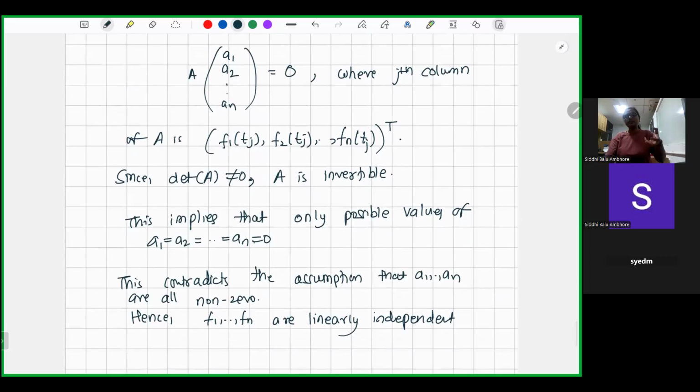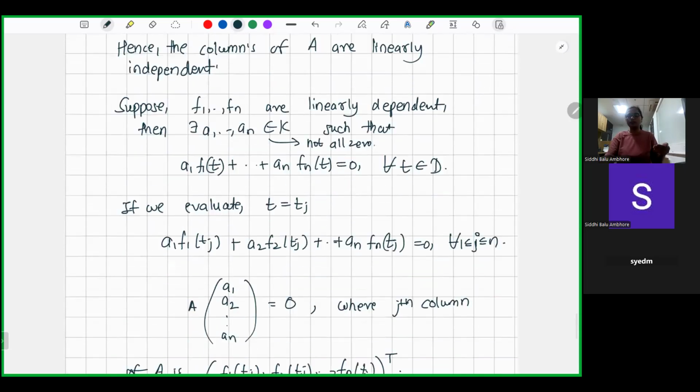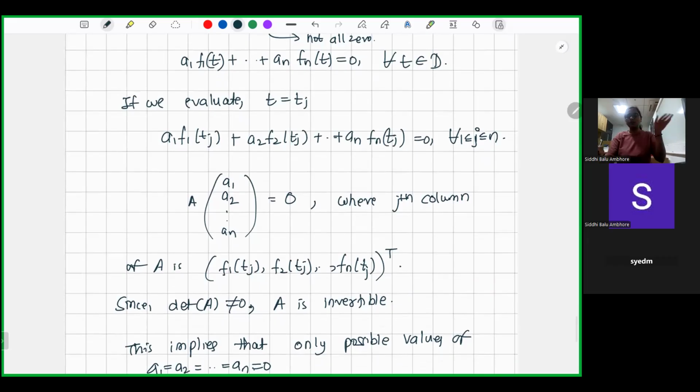Understand that when we say the determinant of A is non-zero, both rows and columns are linearly independent. So it does not matter whether we check it for columns or rows. If these A1 to An get multiplied to columns or to rows does not matter. Both the set of rows and the set of columns must be linearly independent. So ultimately, some linear combination of rows or columns of A was becoming zero.